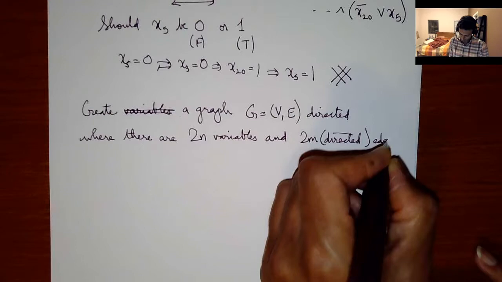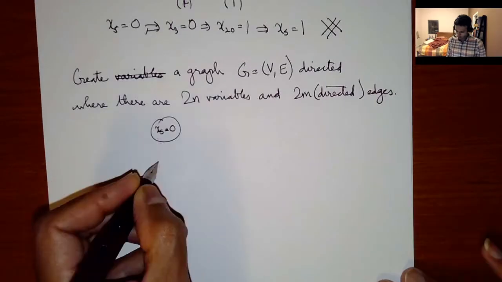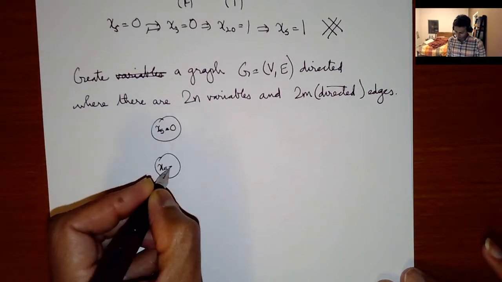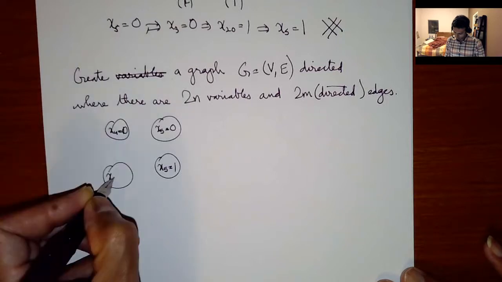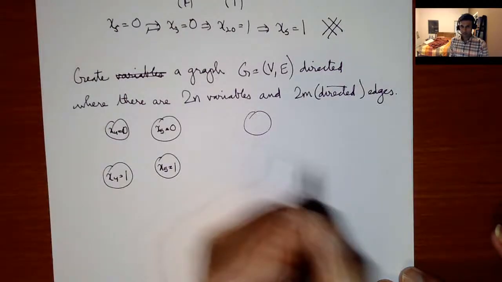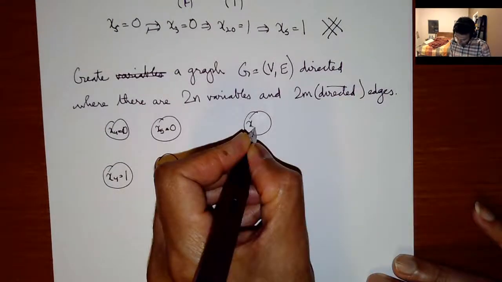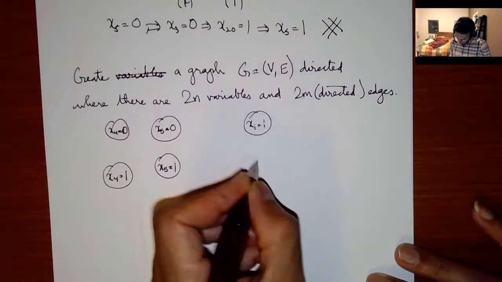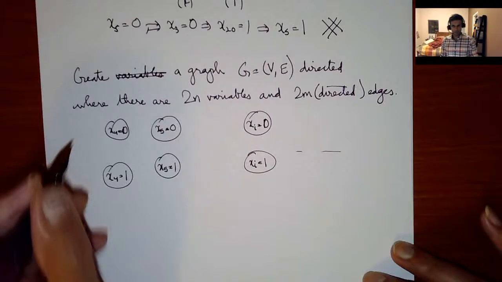So my variables are going to indicate that I'm setting a variable to some value. So xi is equal to 0, and xi is equal to 1. So I'm going to have these 2n variables here.